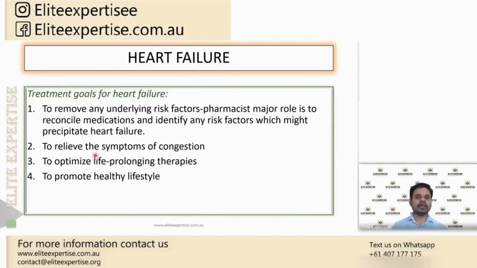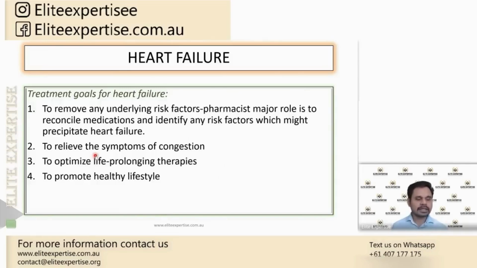Then the second goal is to give relief from the symptoms of congestion. In heart failure, if they have left-sided heart failure, then they have pulmonary congestion and shortness of breath.